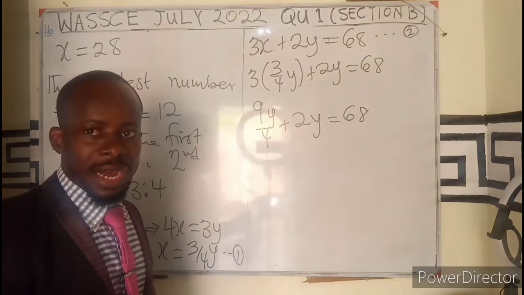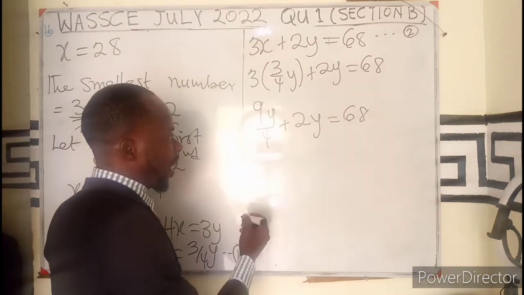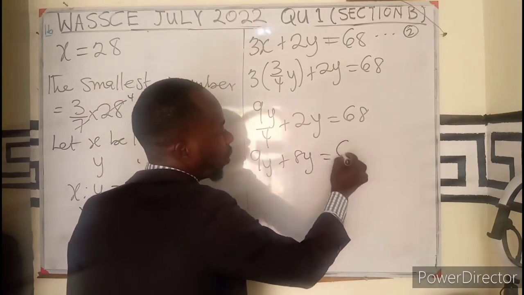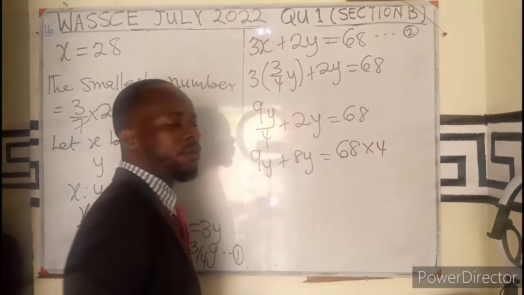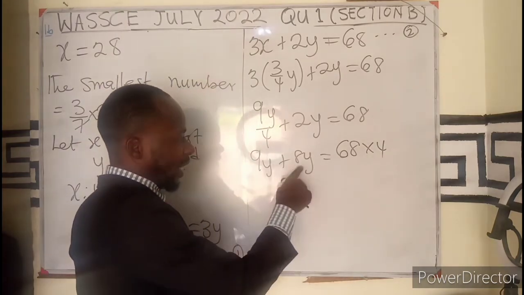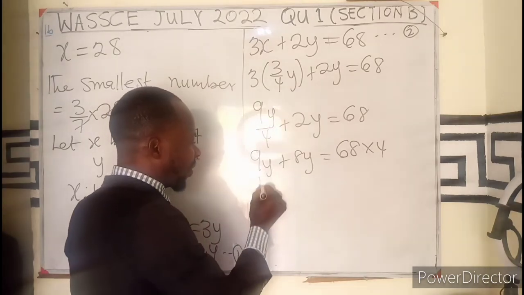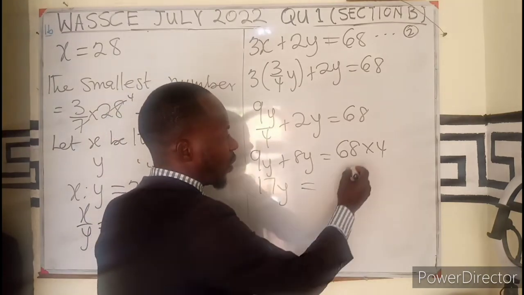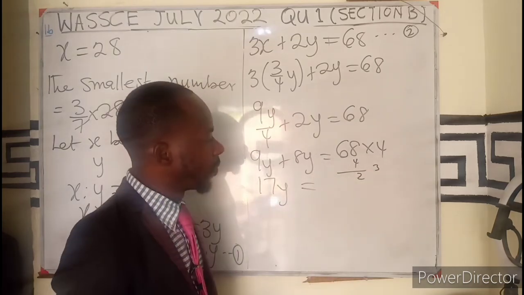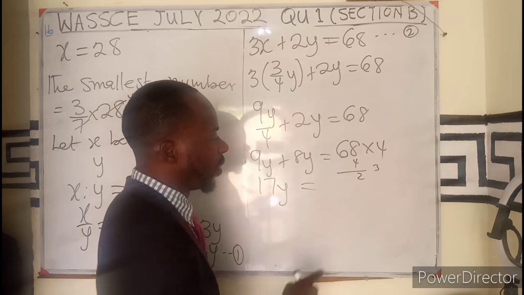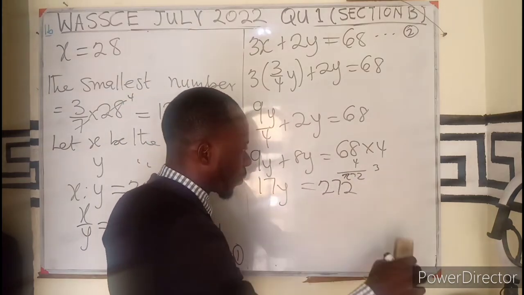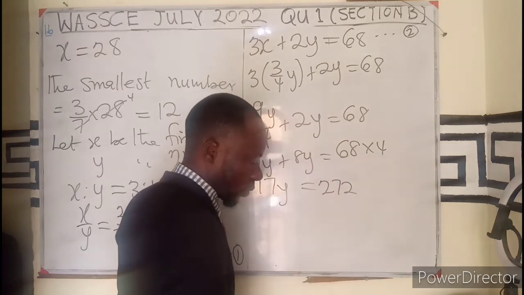Fast forward, LCM is 4. Multiplying through by 4 gives us 9y plus 8y equals 68 times 4. By that multiplication, don't forget this will give us 17y again. So 17y equals 272.